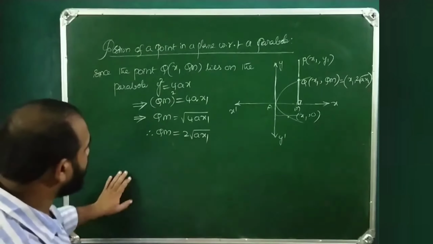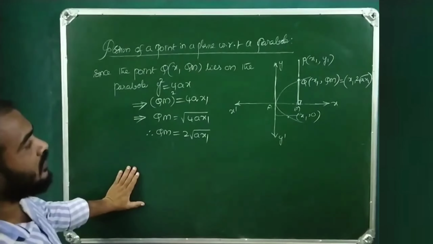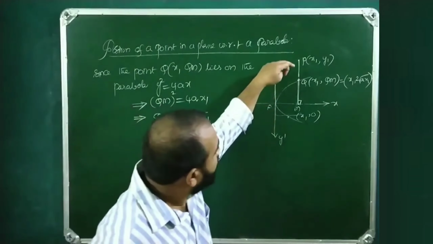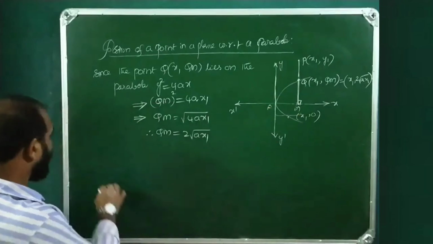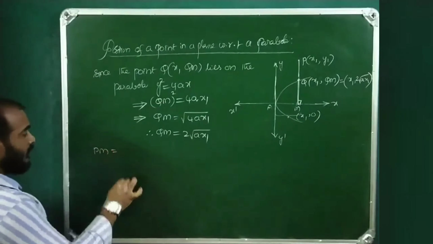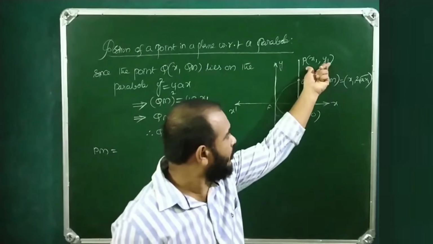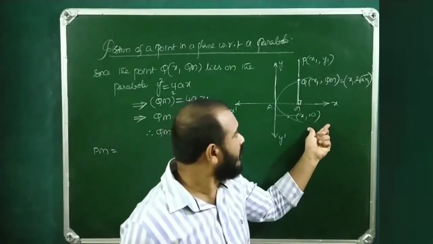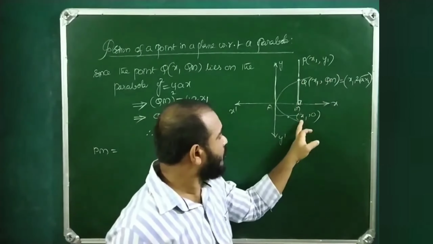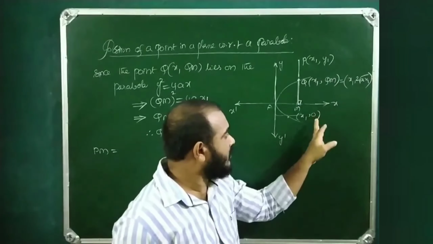Now what is PM? PM is the distance between the 2 points (x1, y1) and (x1, 0), which is the square root of (x1 minus x1) whole square plus (y1 minus 0) whole square.